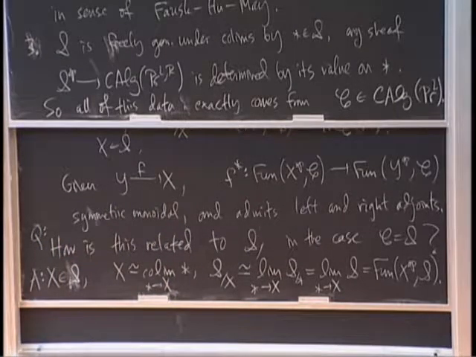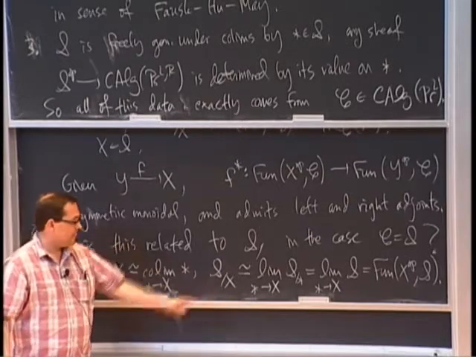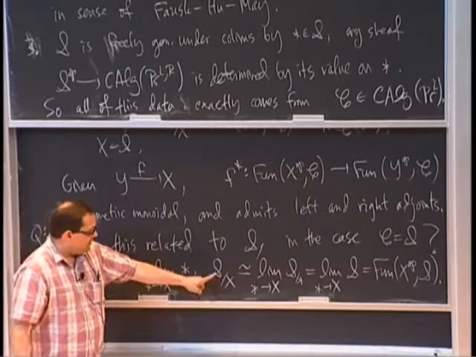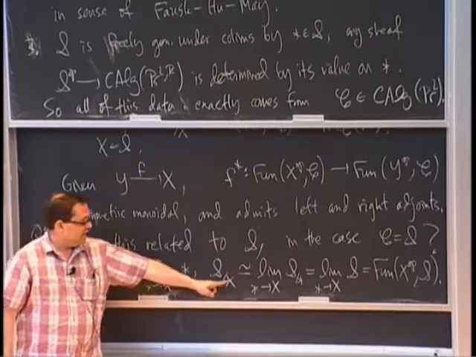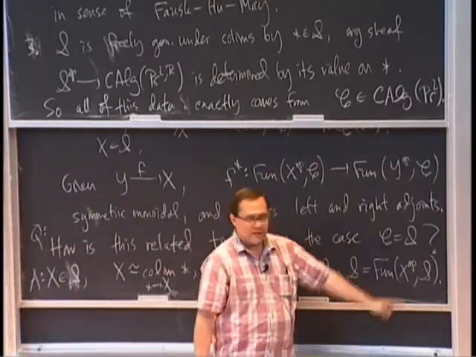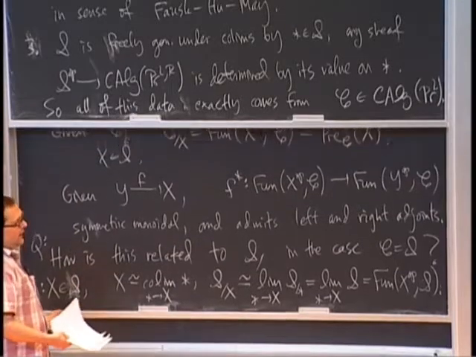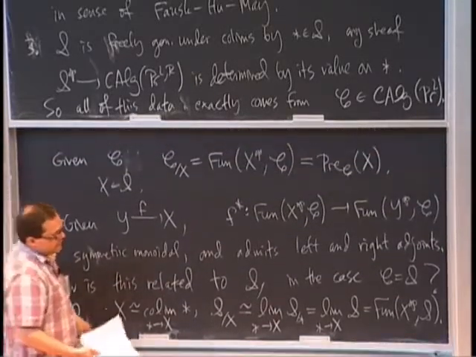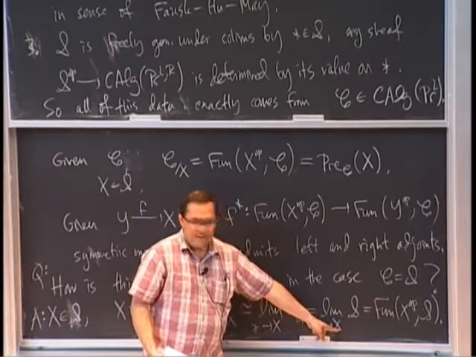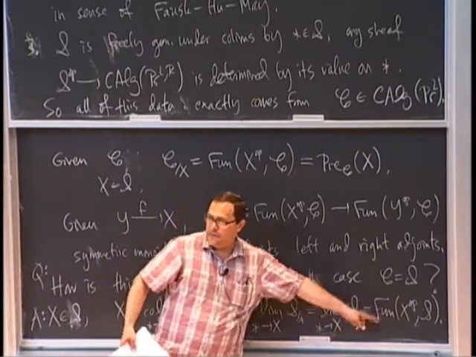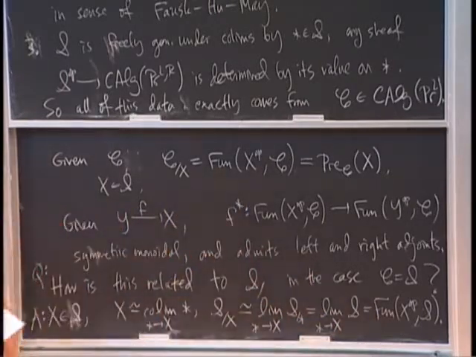I just rewrote it in the case of spaces. I can identify this slice over X with functors out of X. And this uses the fact that I'm thinking of X as both a space and an infinity groupoid, which I can do equivalently in the infinity category of spaces.